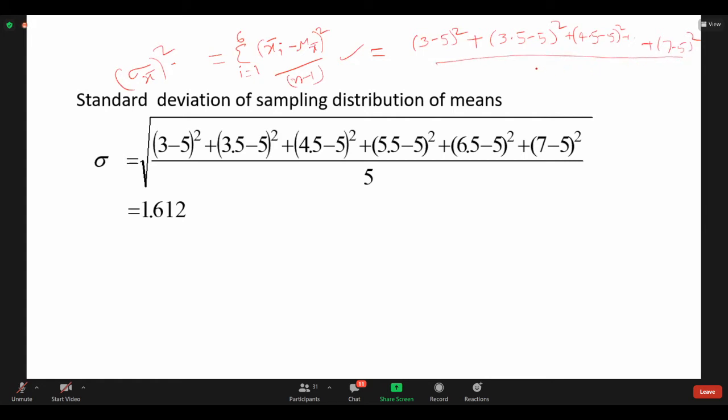The n value is 6, 6 minus 1, 5. First, all of you find out that one. After that, you can take the square root. As all of you simplify, then tell me what is the variance of the sampling distribution of means.